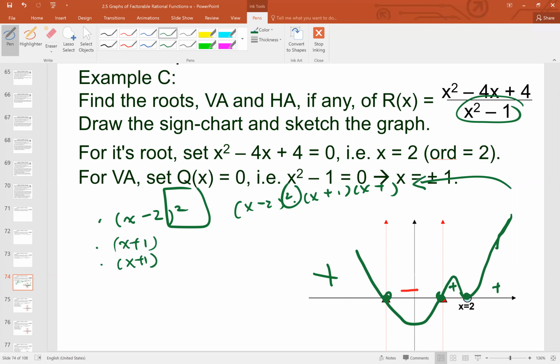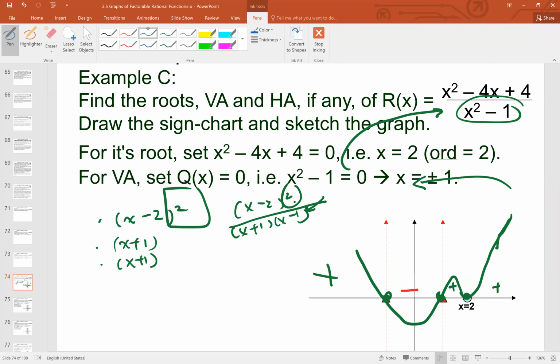If this is a polynomial, but now it is not, what do we do? We put these two terms, x plus 1 and x minus 1. What do we do to them? We reciprocate them. We put them underneath. We divide by them. The sign chart is still the same sign chart.